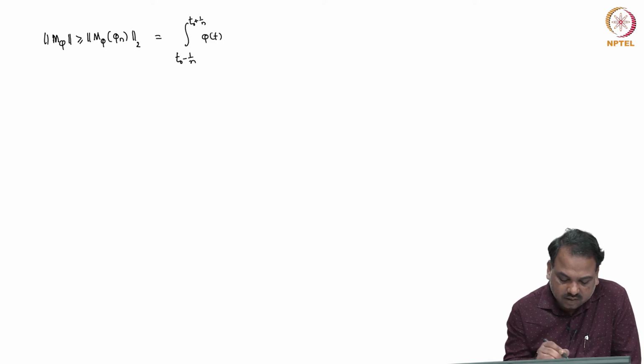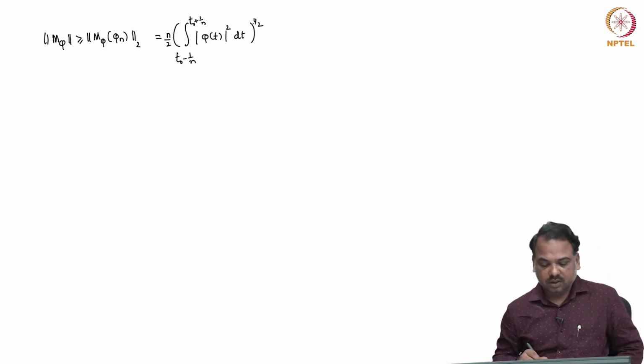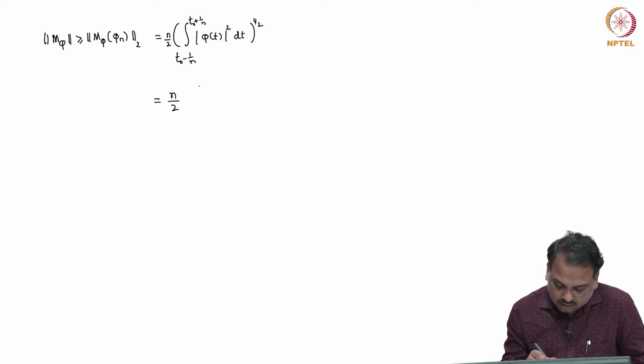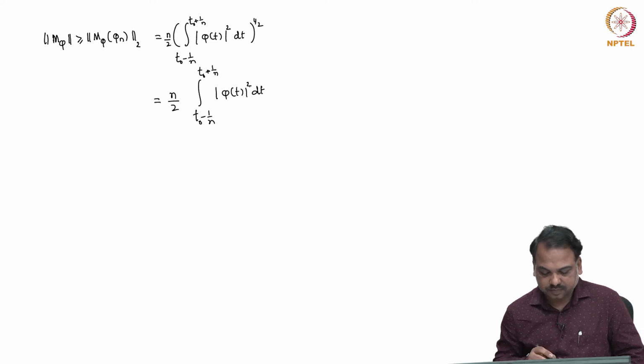This is phi of t times root n by 2, so n by 2 comes out, mod squared dt, whole power 1 by 2. If you compute this, maybe I will rewrite it as n by 2 times the integral over t naught minus 1 by n to t naught plus 1 by n of mod phi of t squared dt.